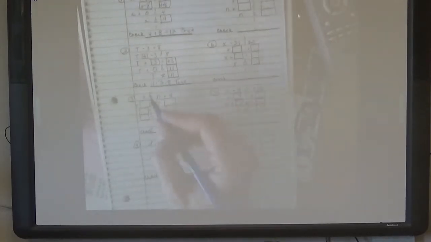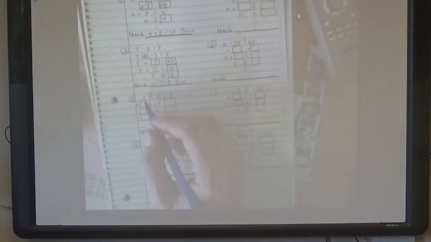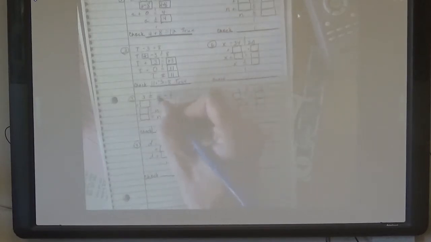Next one. Start on the side with the variable. Is that the left side or the right side? Right. Yep, that's the right side this time. So find the number, add its opposite. So add negative 4. n plus 0.